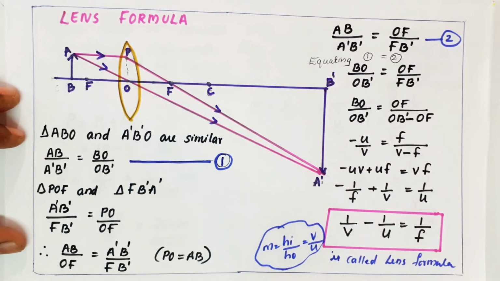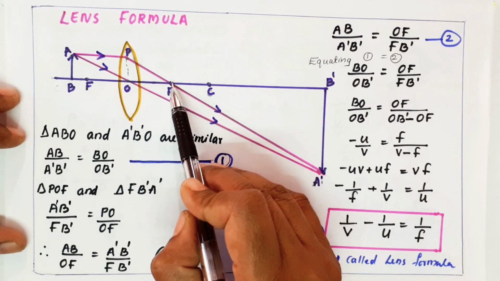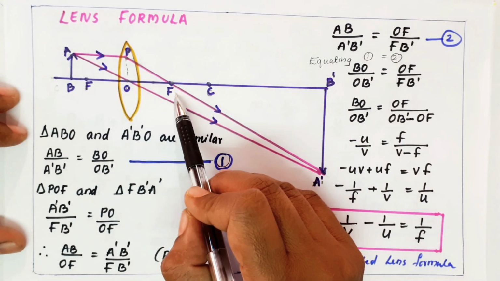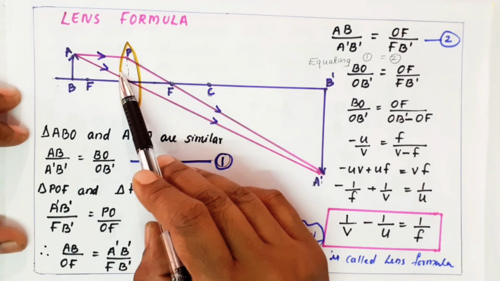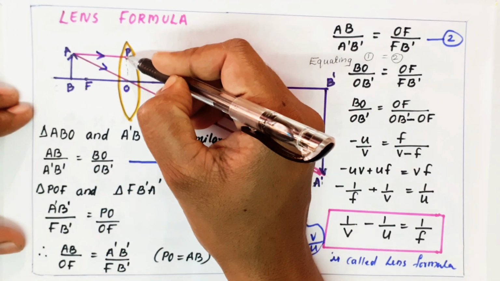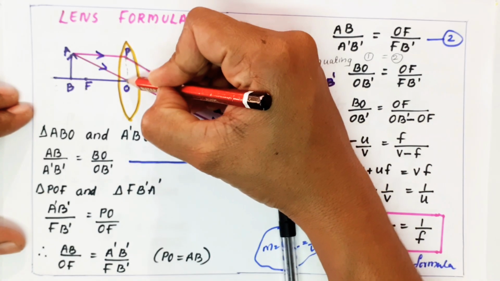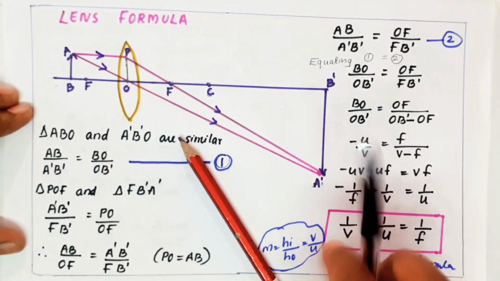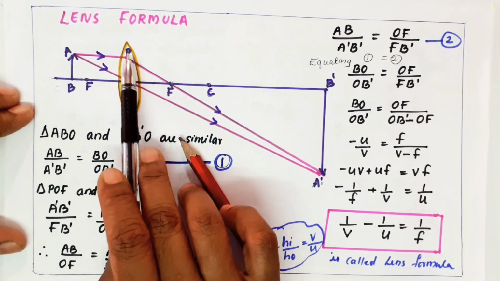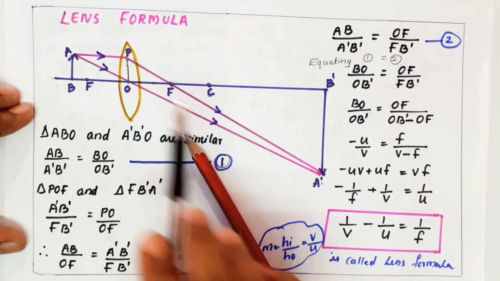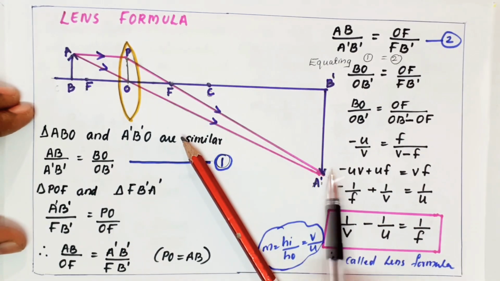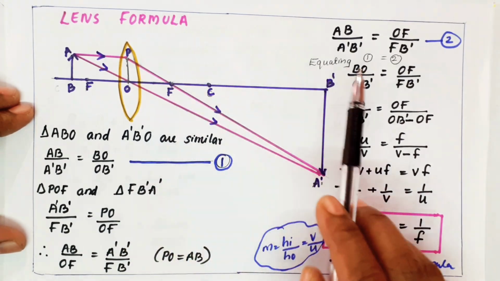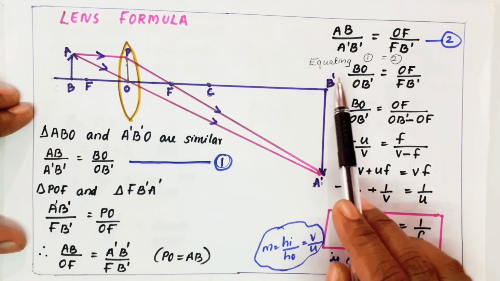Next, you take the triangle with respect to F, the object with respect to f and the image with respect to f. But with the object and f, I did not mark the triangle. So you can take this part, PO and AB are parallel sides, they are the same. So I am taking the triangle POF and the triangle FB dash A dash. We are taking two triangles: one is POF and another one is FB dash A dash.